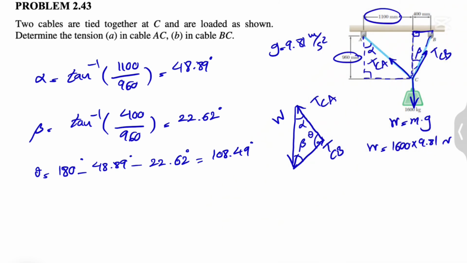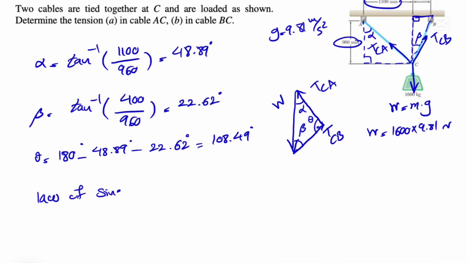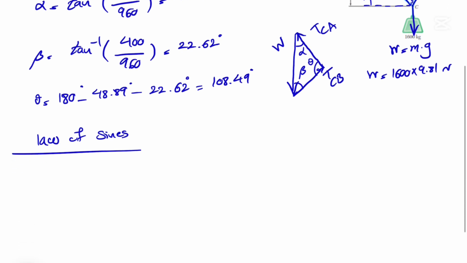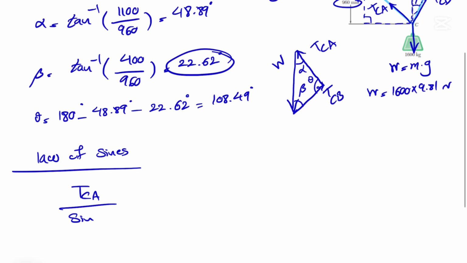Now we can do our law of sines. Since we have all the angles, we should be able to find TCB and TCA. So we have TCA over sine of beta, which is 22.62, equal to W over sine of theta. We found W here.